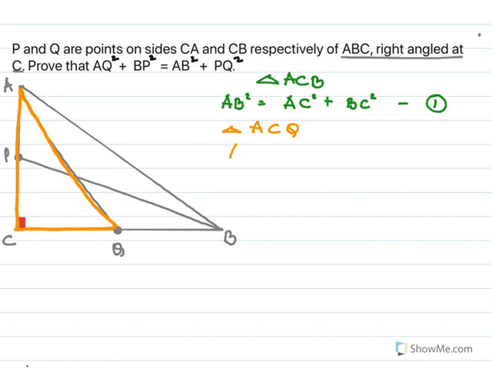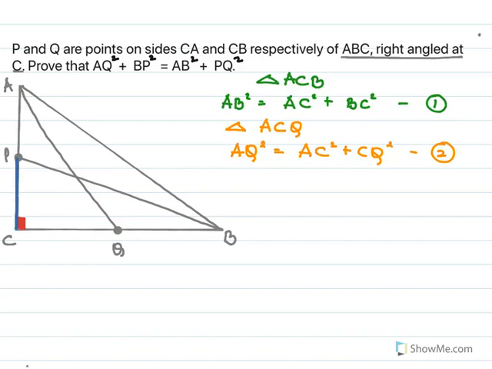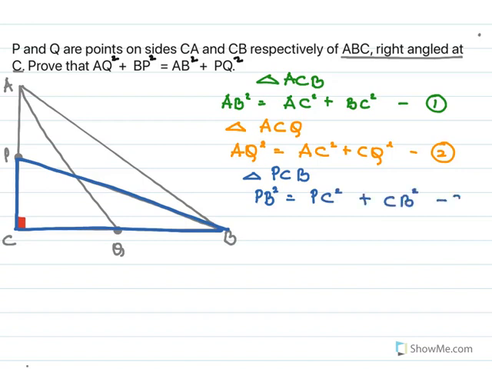So in triangle ACQ, we have AQ square equal to AC square plus CQ square. Next we can see yet another triangle, and that is PCB. So in triangle PCB, hypotenuse is PB, so PB square equal to PC square plus CB square, equation 3.